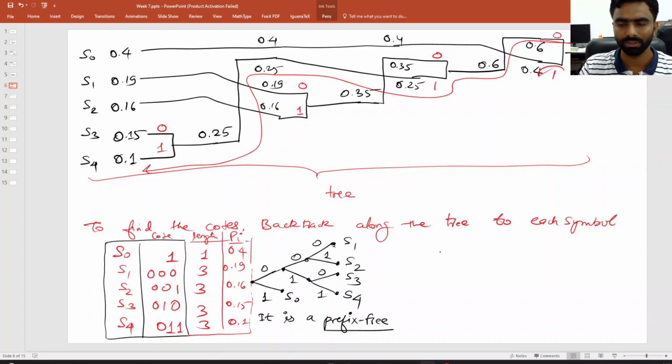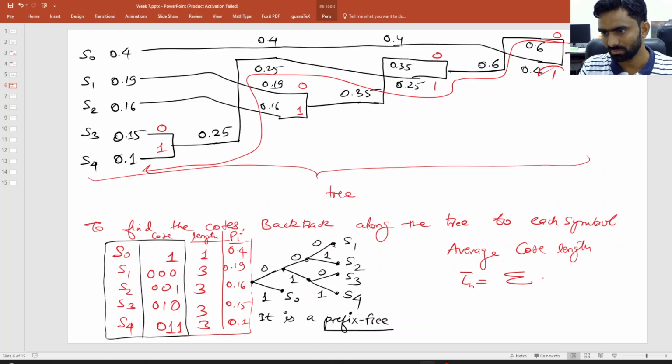Now what is the average code length? L bar for Huffman code would be the sum of p_i l_i.